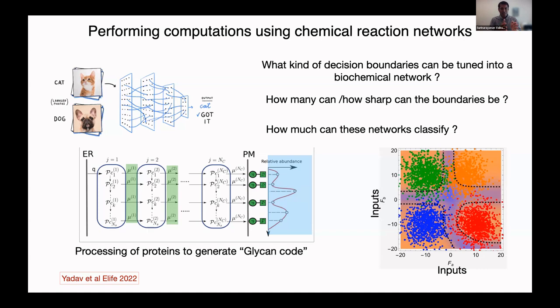For certain kinds of inputs, you have one distribution of glycan codes. For different kinds, you have different ones. I have represented that schematically with these blobs: the red group, the green, blue, orange, and red blobs. We'll come back to these blobs later. So that's what we want to talk about, and we want to understand what kinds of limits exist in these kinds of scenarios.